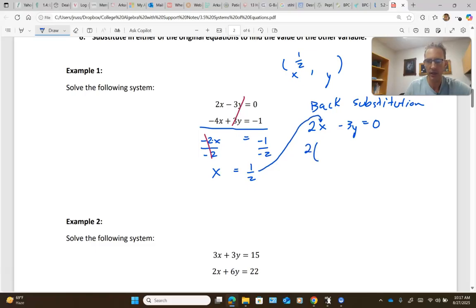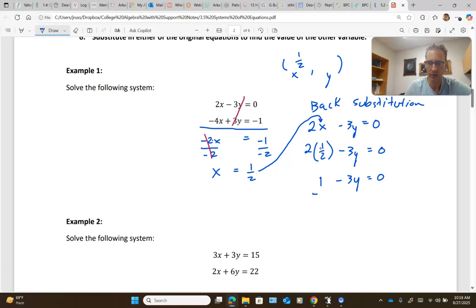So I'll have 2 times 1/2 minus 3y is equal to 0. And so right here, you can do this in your calculator if you need to, or you can just think about these 2's dividing out, leaving you with 1. And in any case, 2 times 1/2 is 1. And so we'll have 1 minus 3y is equal to 0. And so now you can see we're just going to go ahead and solve this one for y.